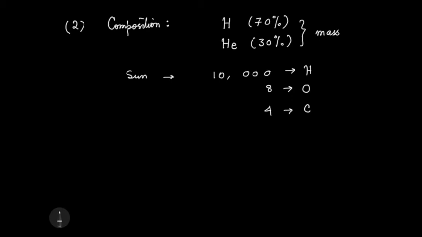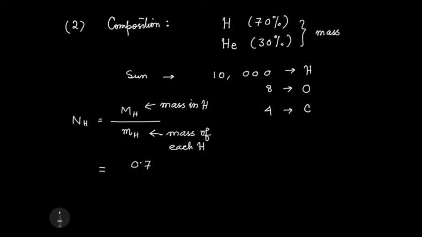So for compositional purposes, where I may have to calculate the number of certain elements from the mass, if I say what is the number of hydrogen atoms, how will I calculate that? The number of hydrogen atoms will be the mass in hydrogen divided by the mass of each hydrogen atom.